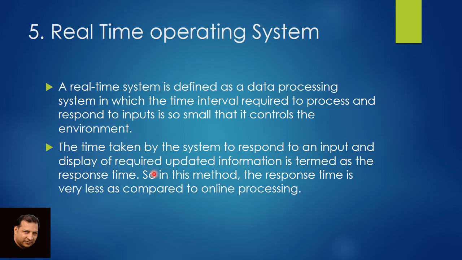It means every system gets very quick real-time response. Time taken by the system to respond to an input and display of required updated information is termed as response time. So in this method, response time is very less as compared to online processing.